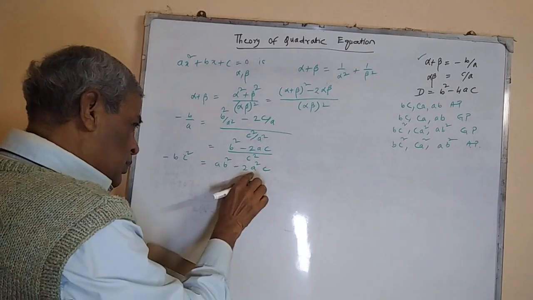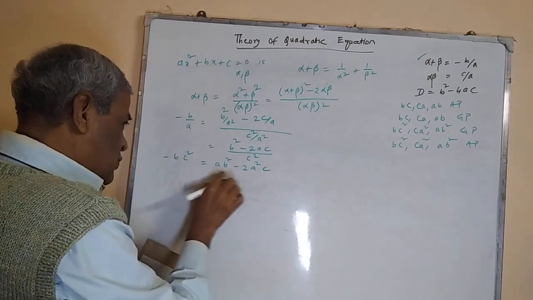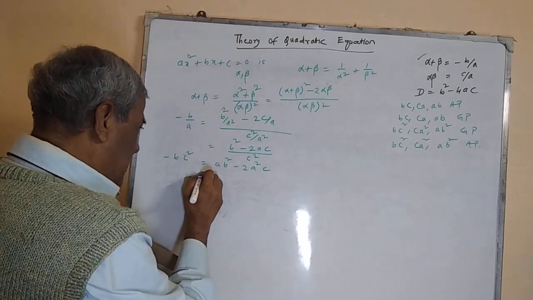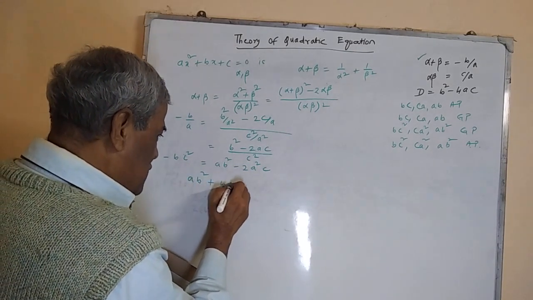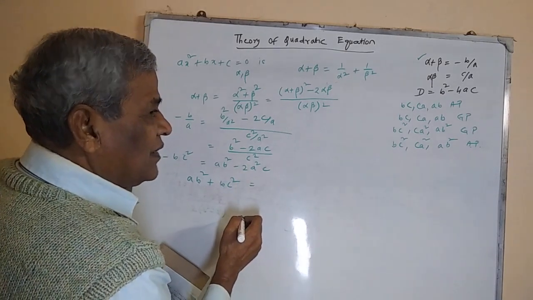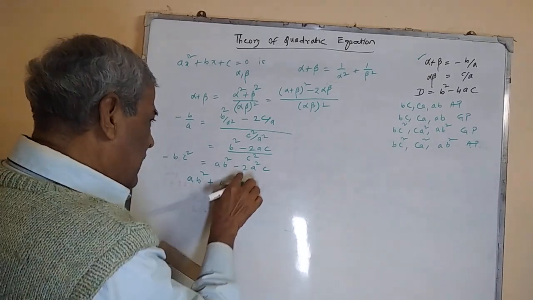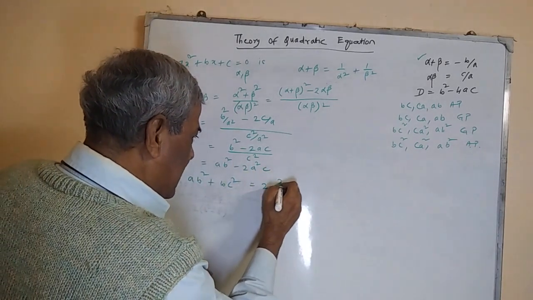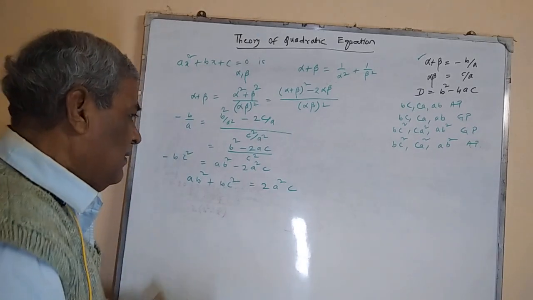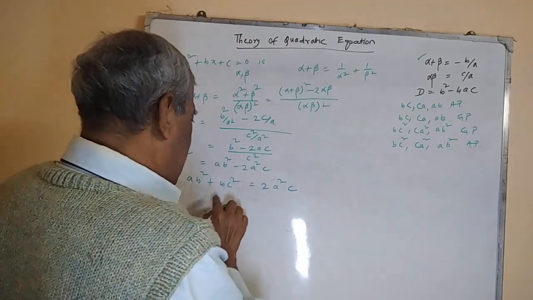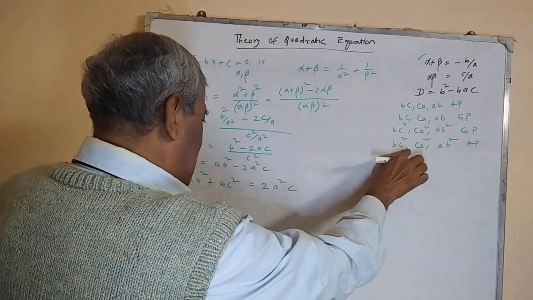Now taking this to one side and that to the other side, this becomes ab square plus bc square is equal to 2a square c.